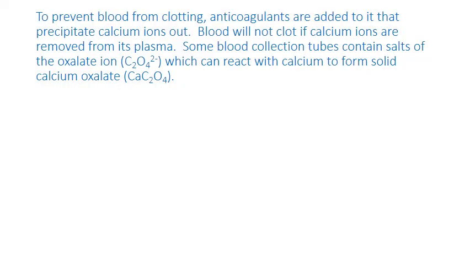So let's look at one more variation on precipitation. To prevent blood from clotting, anticoagulants are added to it that actually precipitate calcium ions out. Blood will not clot if calcium ions are removed from the plasma. So some blood collection tubes actually contain salts of the oxalate ion, C2O4, which can react with calcium to form solid calcium oxalate.